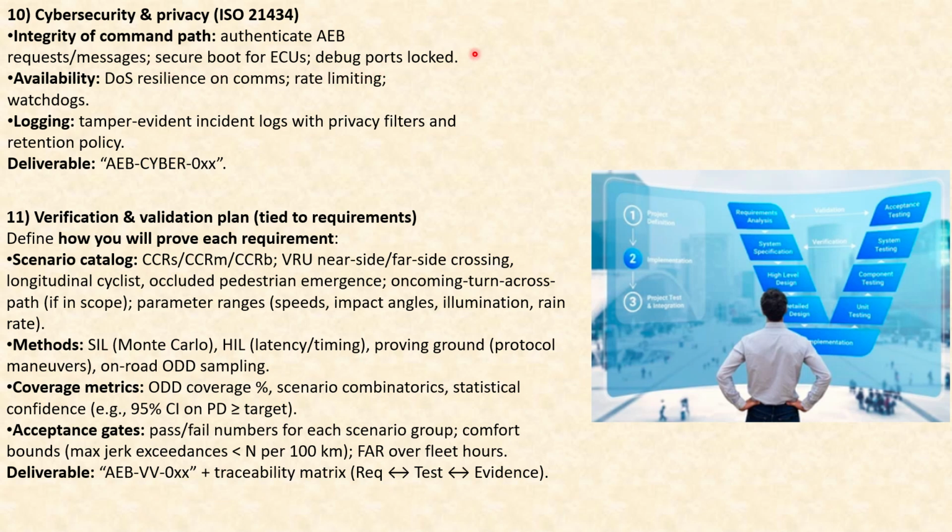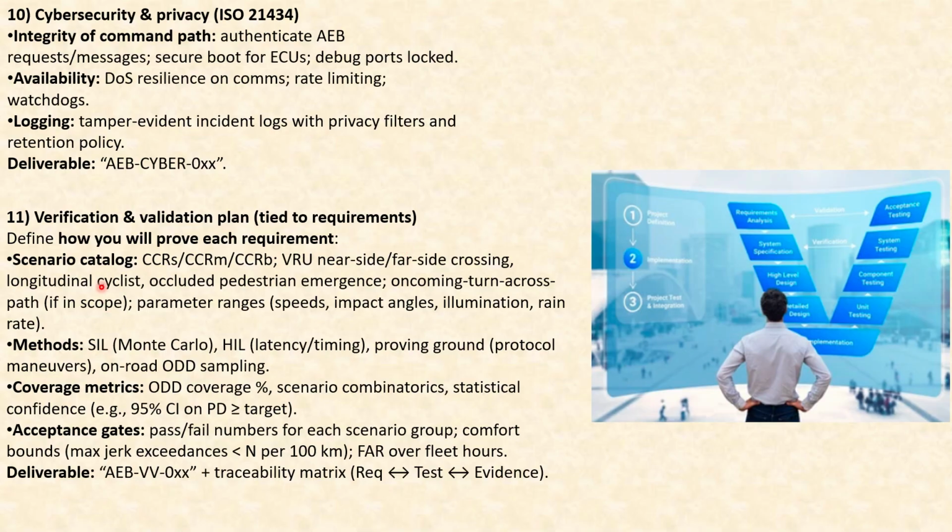This way you are totally blocking the attack path. Next is availability: DoS resilience on communication, rate limiting, watchdogs. And when it comes to logging: tamper-evident incident logs with privacy filters and a retention policy.